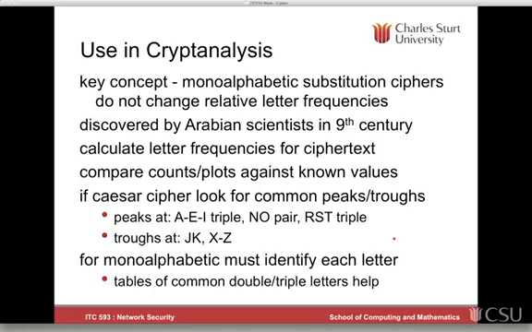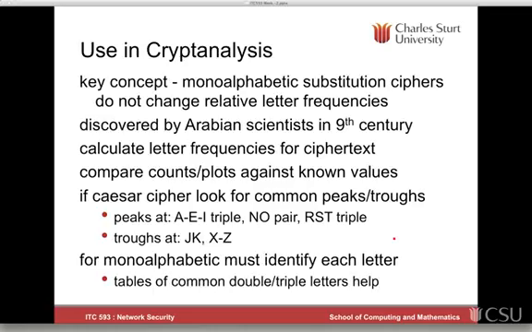Monoalphabetic ciphers are easy to break because they reflect the frequency data of the original alphabet. The cryptanalysis looks for a mapping between the observed pattern in the ciphertext and the known source language letter frequencies.